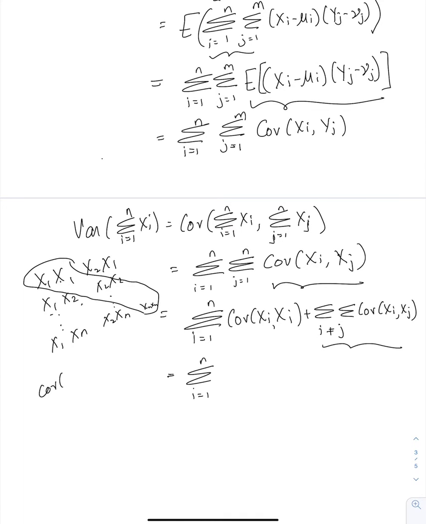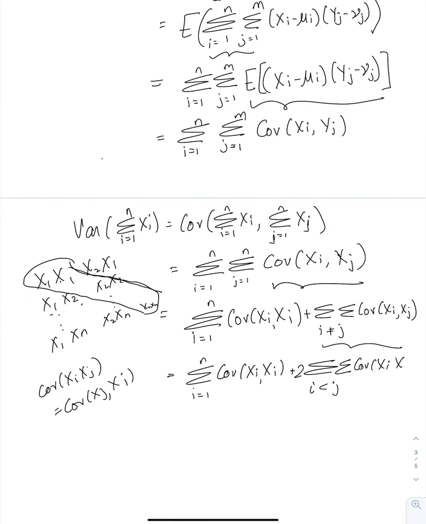So since you have covariance of xi, xj equal to the covariance of xj, xi, instead of having terms repeat, you can just look at the terms above this diagonal or the terms below this diagonal, however you want to look at it, not deal with both of them, and just have a double sum of i less than j, but then you have to multiply it by 2 because what's above the diagonal is equal to what's below the diagonal when you take covariance of each one of them and add it. And so if you're just considering one of them, you'll have to double this and you'll have a covariance of xi, xj.